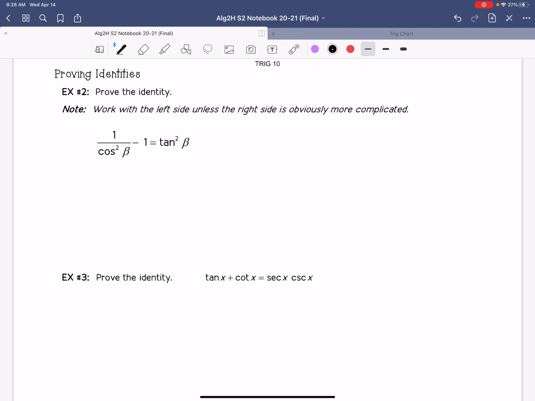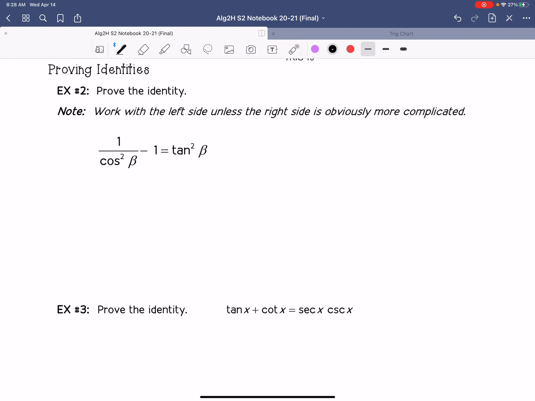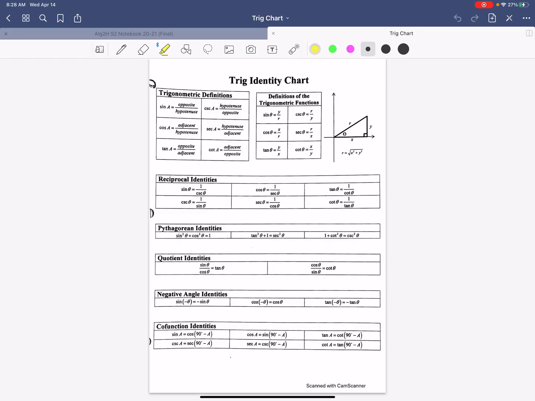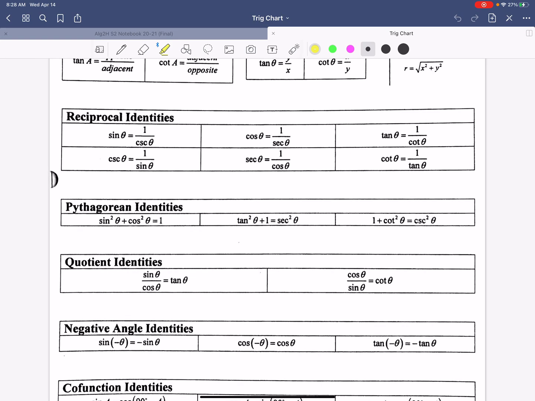Okay, so we're going to work the left side. The left side is more difficult than the right side, right? I have 1 over cosine squared b minus 1 equals tangent squared b. Okay, so we're going to work the left, and we're going to try and get it to equal tangent squared b. Okay, whenever I see squares and ones, I'm talking about a Pythagorean identity. So if we look at this, here's my Pythagorean identities.